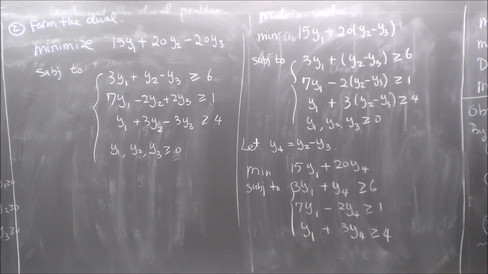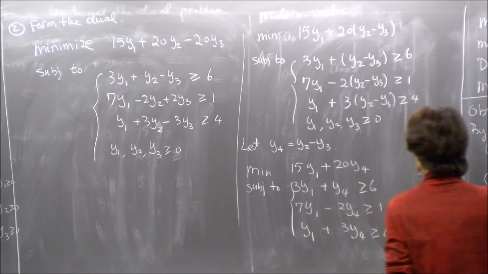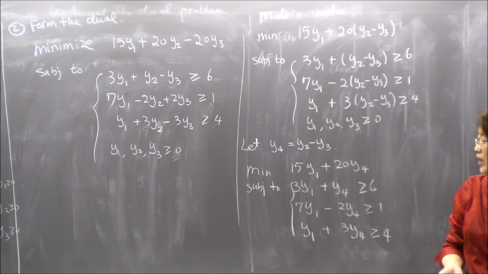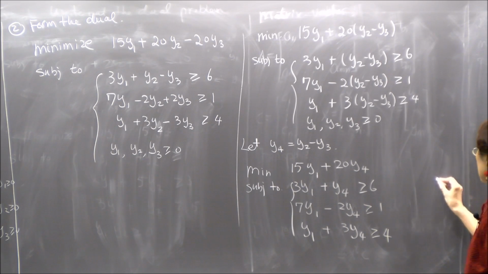These are my constraints, right? By just rewriting this in terms of y4, now for this new problem I have only two variables, y1 and y4. And I need to declare their sign.